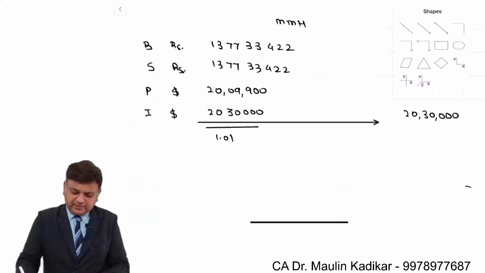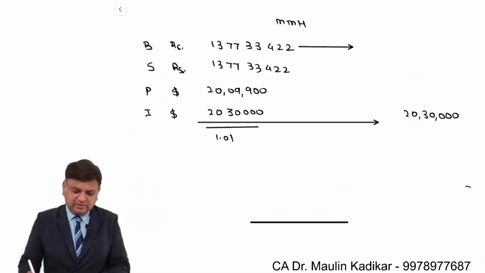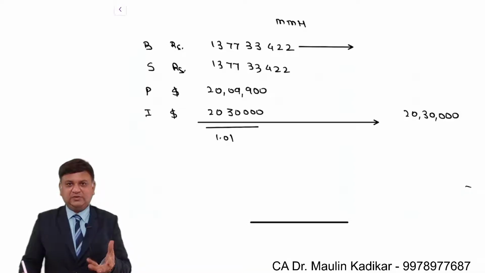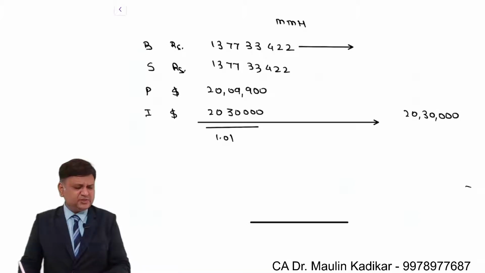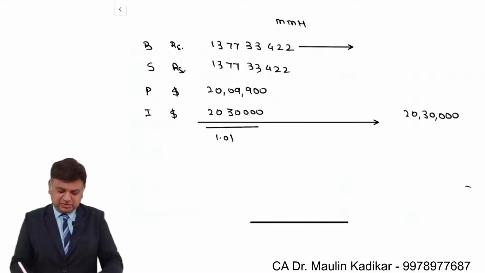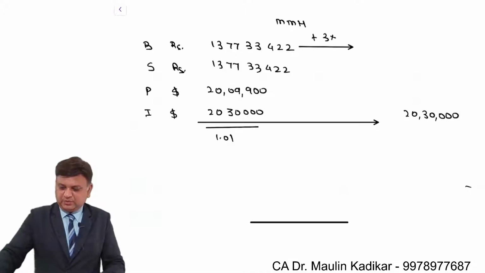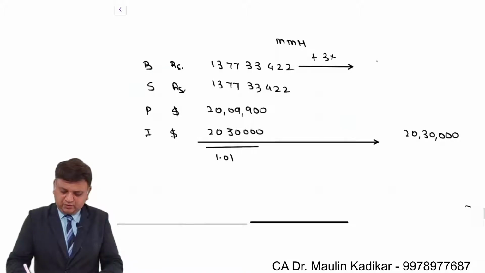The amount of rupees that you have borrowed is required to be repaid, and for that the rate of interest is 6% per annum, so for 6 months it would be 3%. So plus 3%, it comes to 14 crore 18 lakhs 65,424.